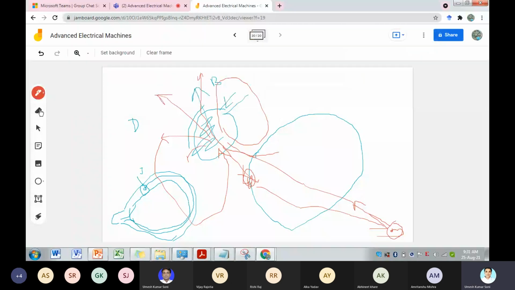Suppose you take the small area, and this is the area through which the total flux passes.